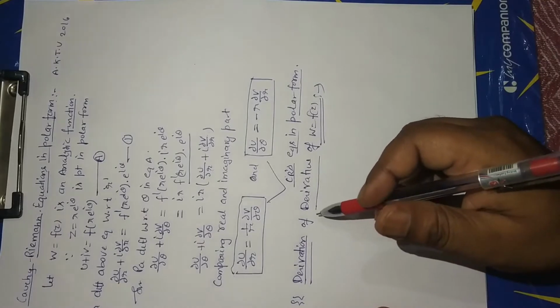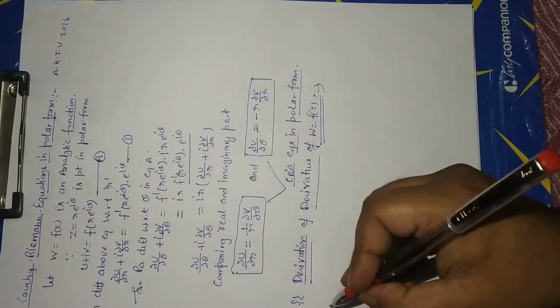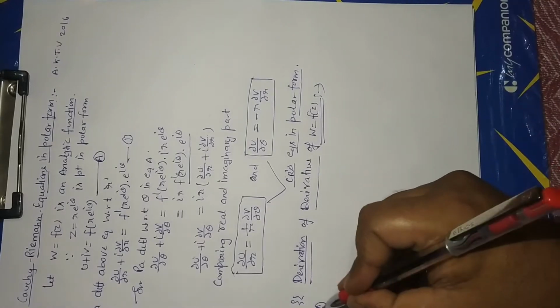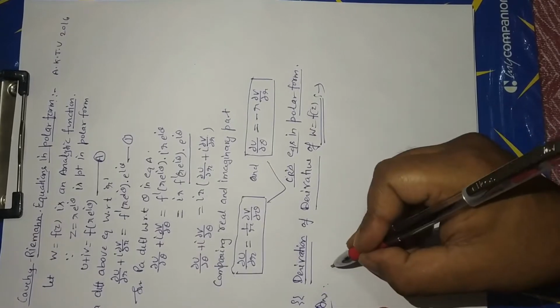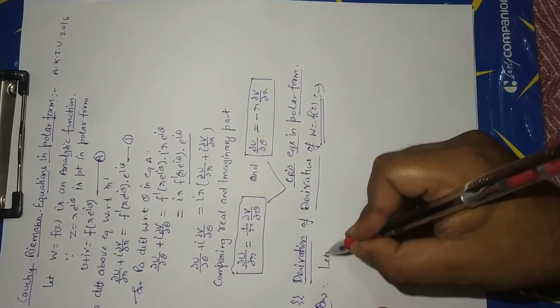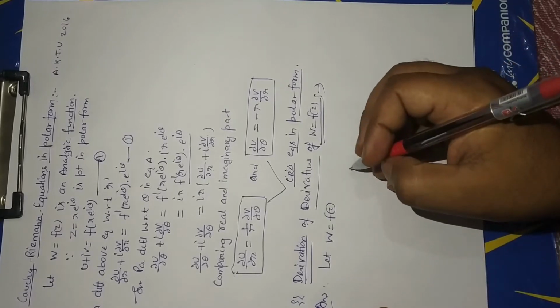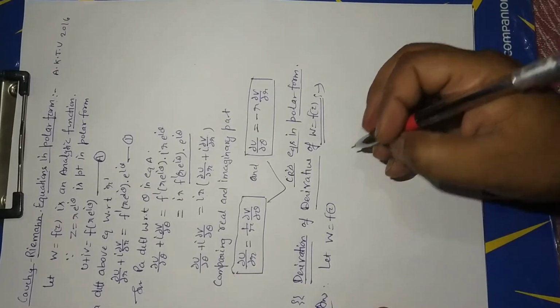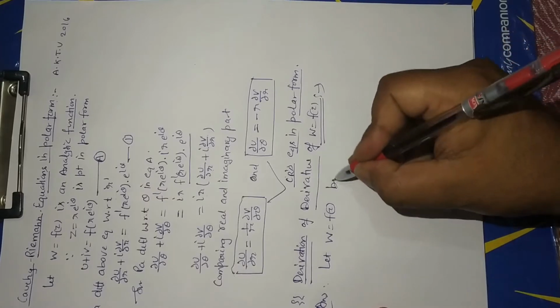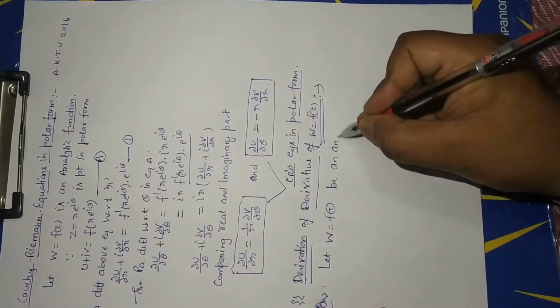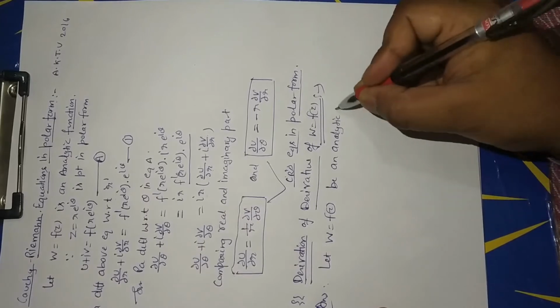Derivative of w equal to f(z). Answer: let w equal to f(z) be an analytic function.